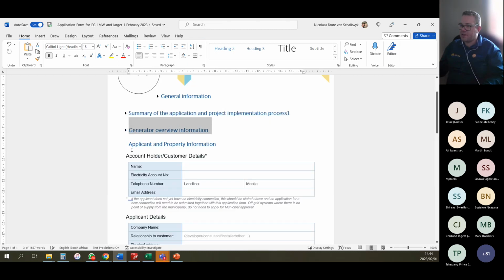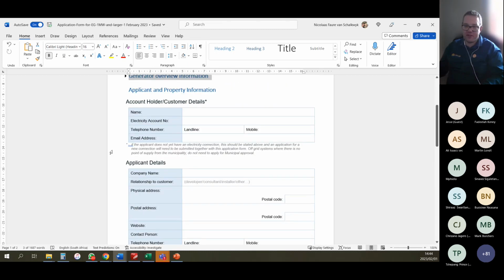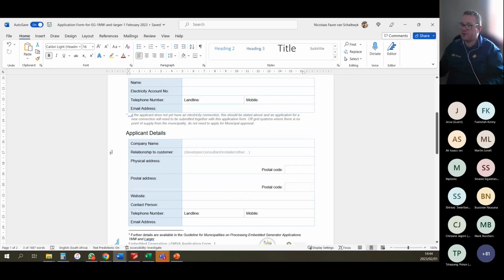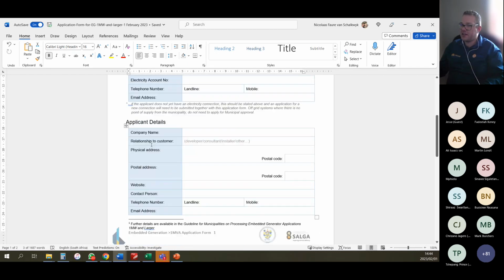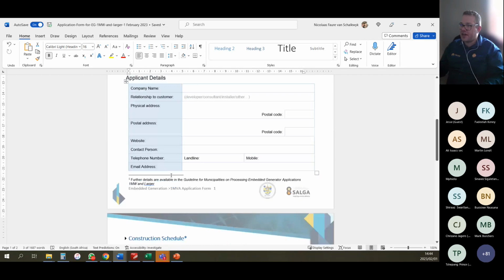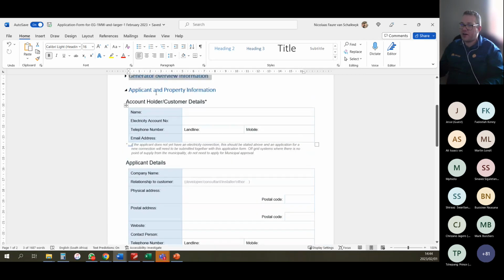Let's look at the applicant and property information. Again, very similar to the SCG application form. You've got the account holder details, you've got the applicant details. And one of the points I mentioned to Mark is we might want to consider or see if we could include a proxy clause, which means that when the account holder signs that section, it will allow the person that fills in the application to apply and process it on their behalf, because typically the proxy is happening separately.